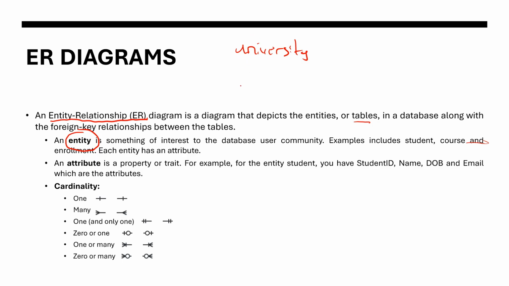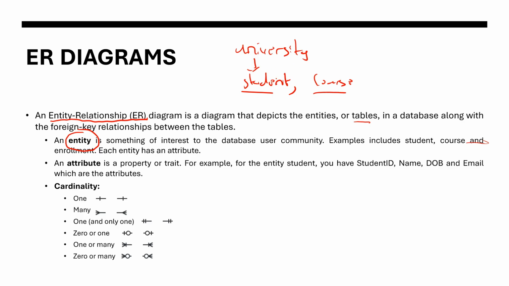There might be a table that relates to student information, student ID, name of the student, and so on. Then you might have another table called course, which will contain all the different courses that you have at university, respective of who the students are. You might have other information as well. So these are what we refer to as entities. The entities are the tables themselves.